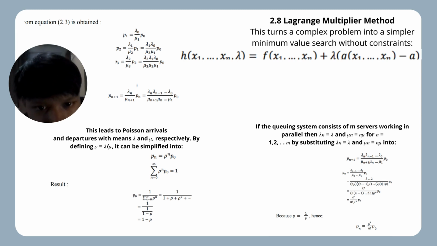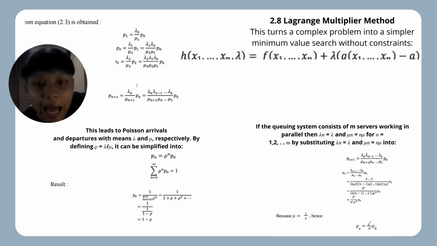If the queuing system consists of servers working in parallel, then lambda n equals lambda, and mu n equals n mu, for n equal 1, 2, ..., m. By substituting lambda n equal lambda and mu n equal n mu into this formula.